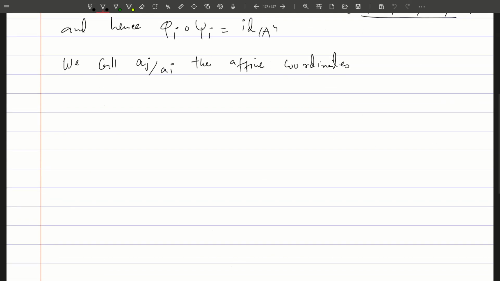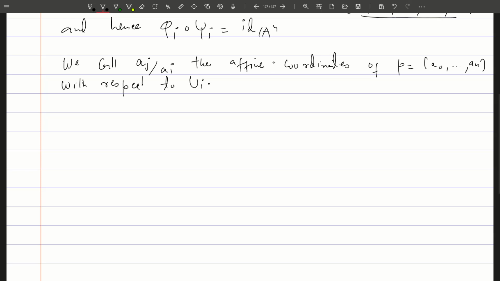So we call these the affine coordinates of the point P, which is a naught through an, with respect to ui.